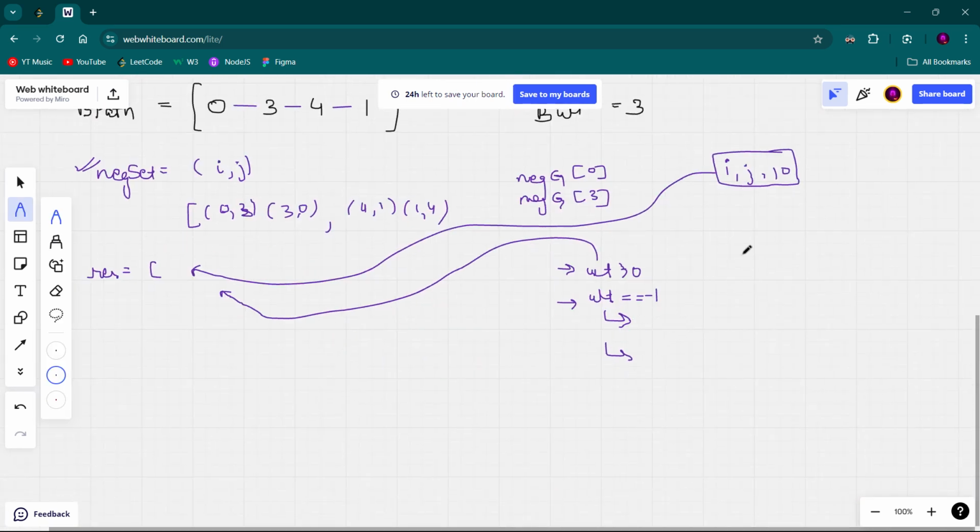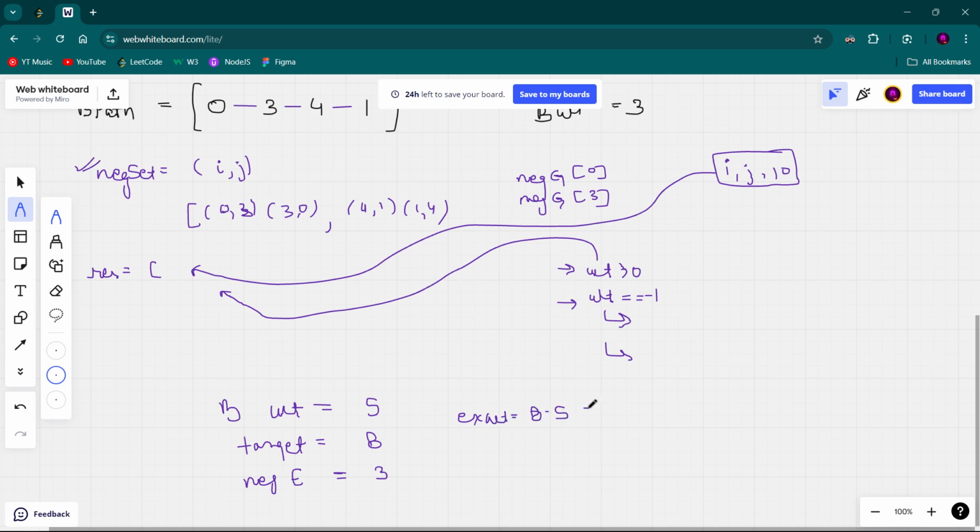Now, suppose my best weight was 5 and my target weight is 8, and I have some negative edges, like around 3. So what is the extra weight that I can use? The extra weight is 8 minus 5.